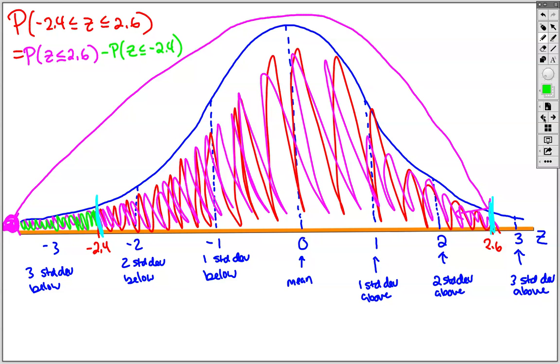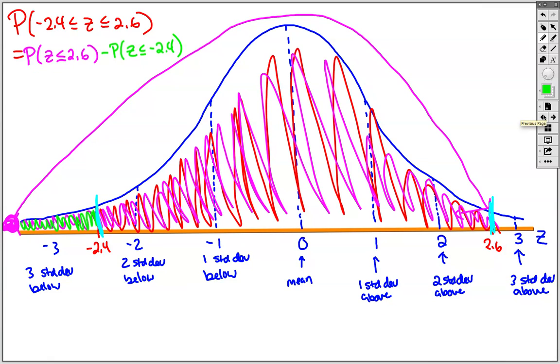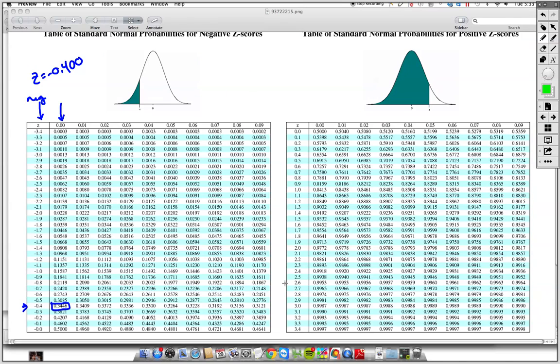2.6? So we go to our chart, and we say, okay, where's z equals negative 2.6? Or negative 2.4. Is it negative 2.4 or negative 2.6? Sorry, it's not negative at all. It's 2.6. So we go over here to 2.6, and we're in this column, and it's 0.9953.